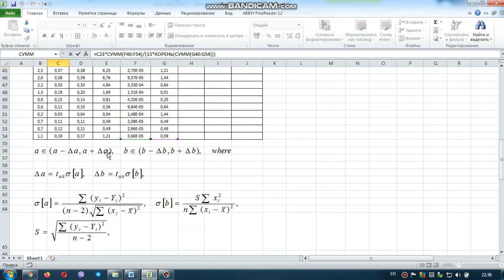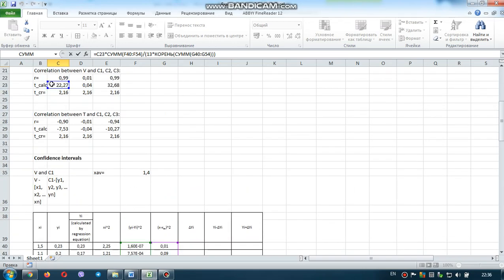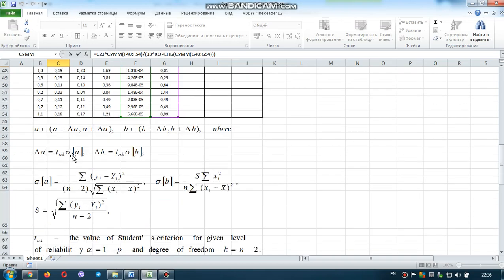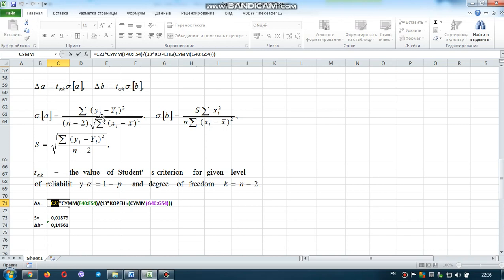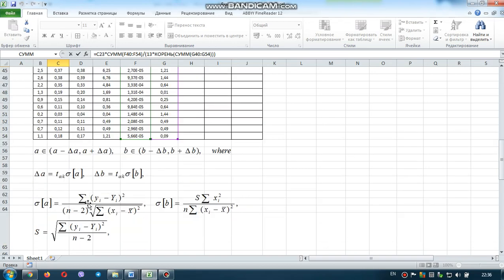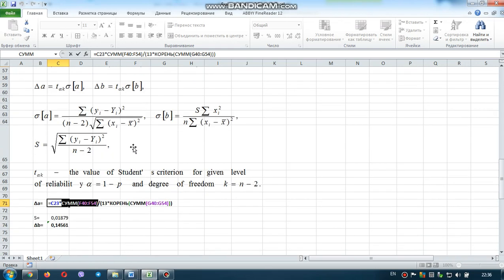Okay, so let's analyze. T, this cell. Okay, it's good. Then multiplied by the sum of these different squares. Analyze the sum. Okay.